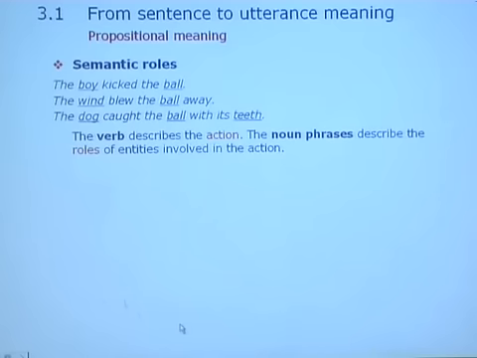We have a verb, and the verb describes the action. Well, and now we have several noun phrases. The boy kicked the ball. The wind blew the ball away. The dog caught the ball with its teeth.